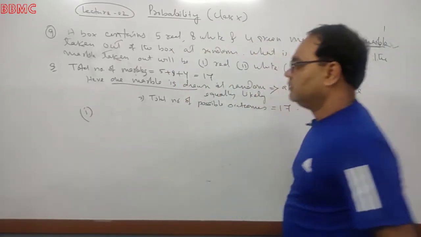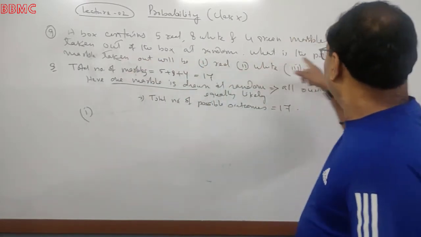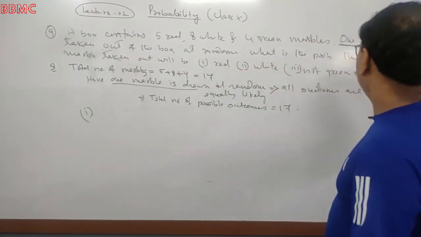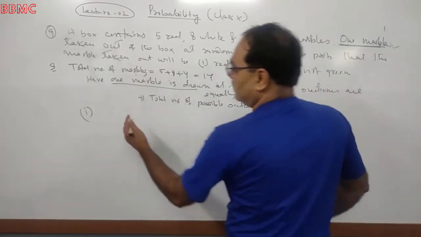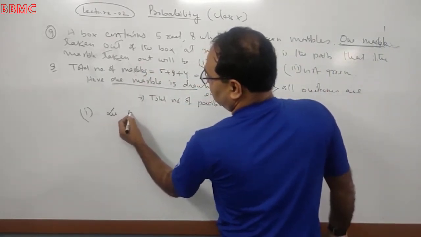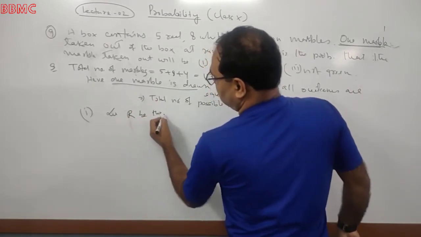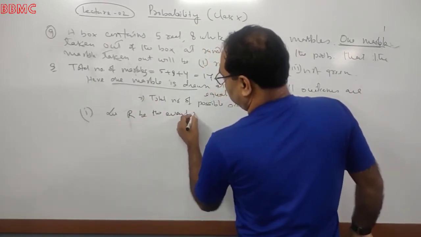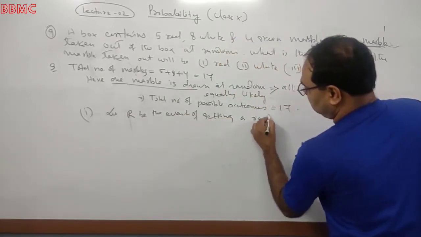What do we have to find? What is the probability that the marble taken out will be red? Let R be the event of getting a red ball.